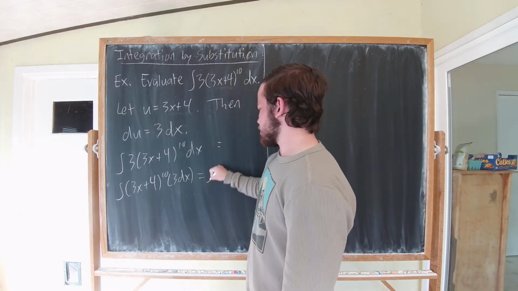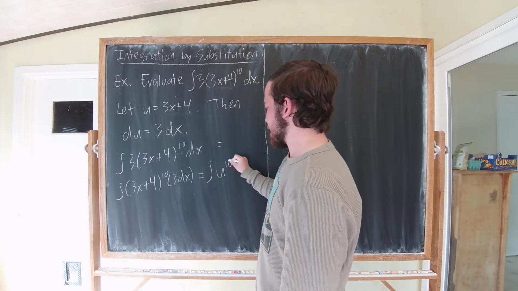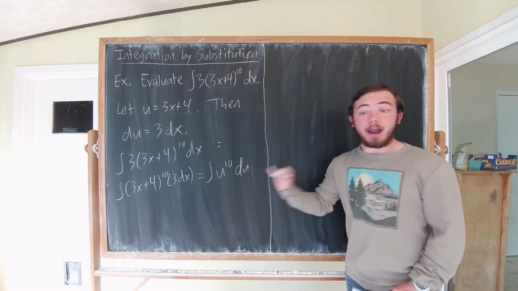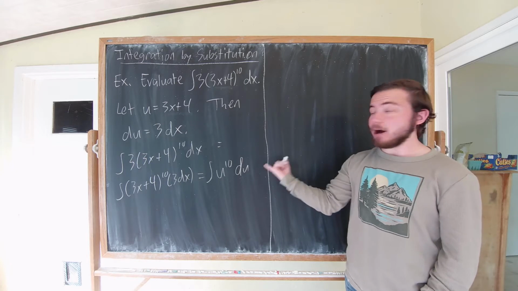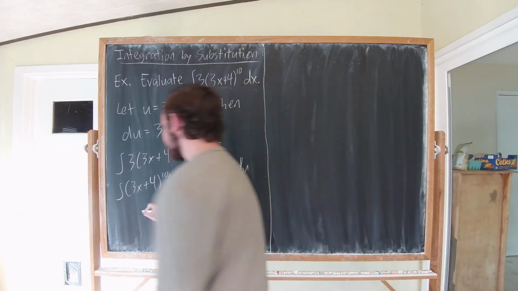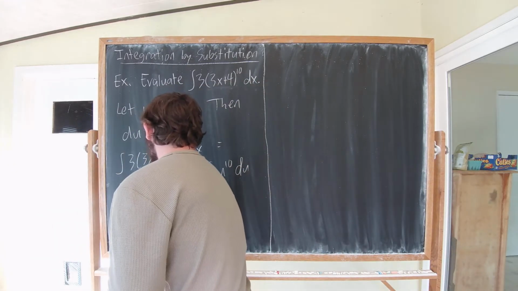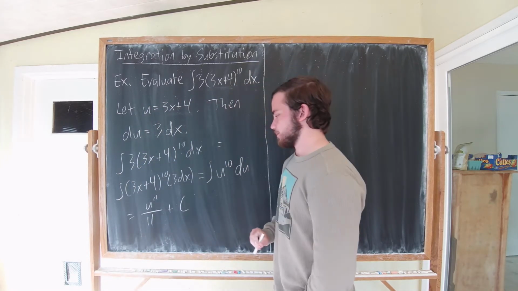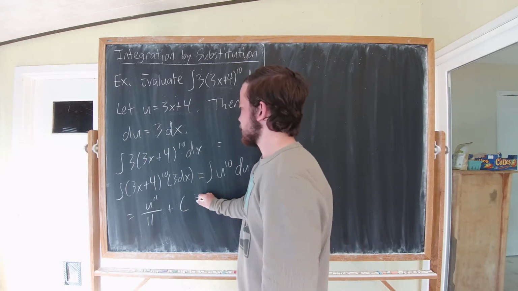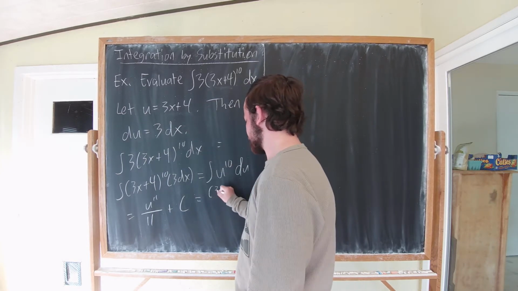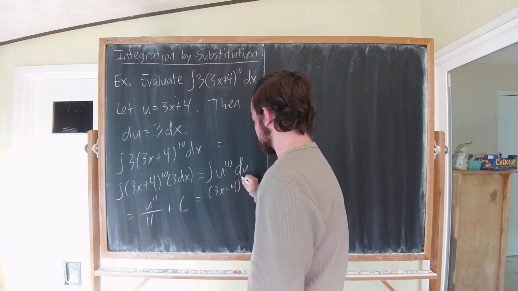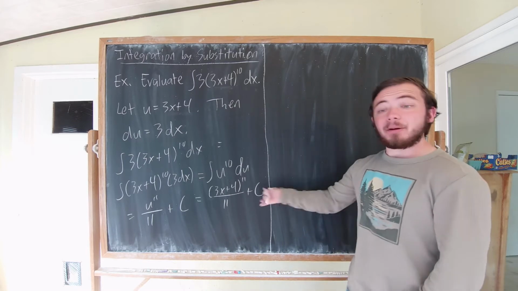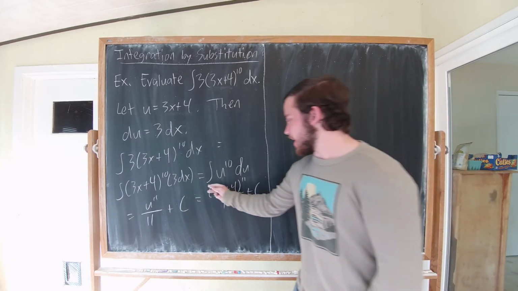Now, by our substitution, that's the integral of u to the 10th power du. And we know how to integrate that. That's just the power rule of integration at work. And that would say, oh, it's u to the 11th over 11 plus c. But what is u? u is just 3x plus 4. Boom. So now we have our original integral all in terms of x.